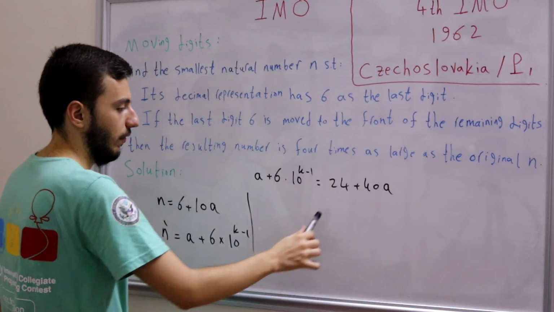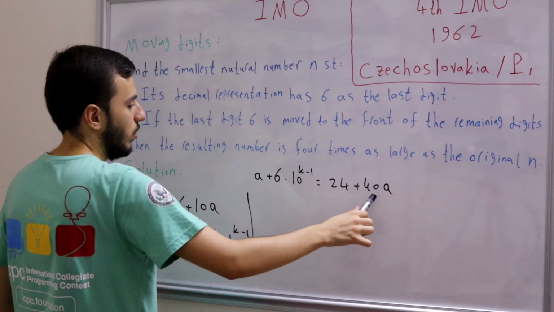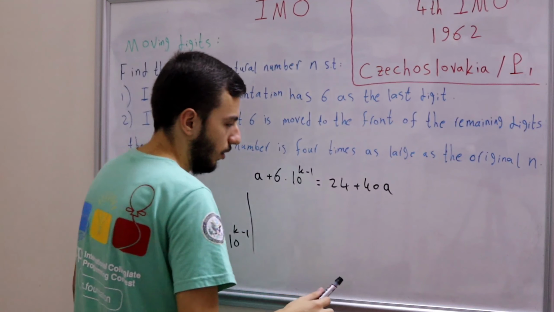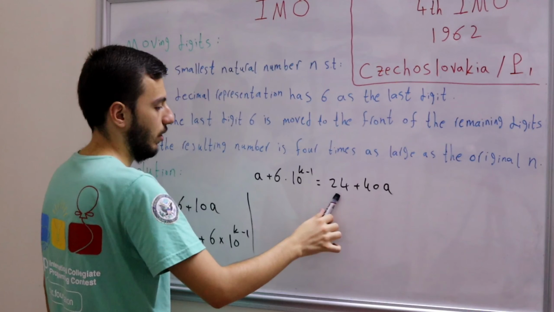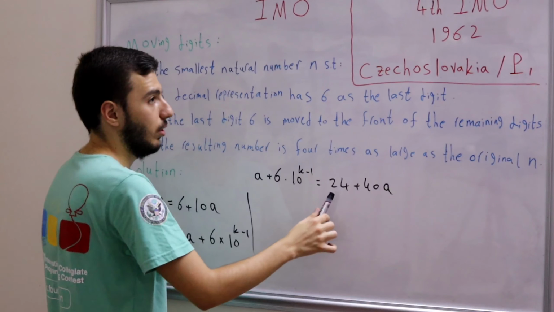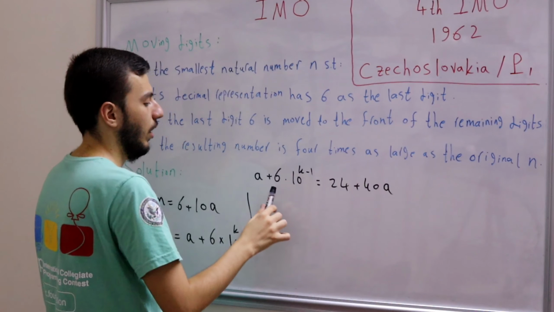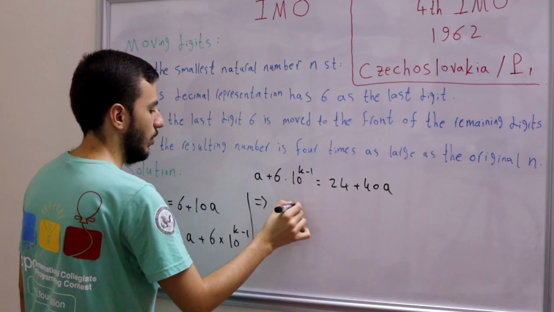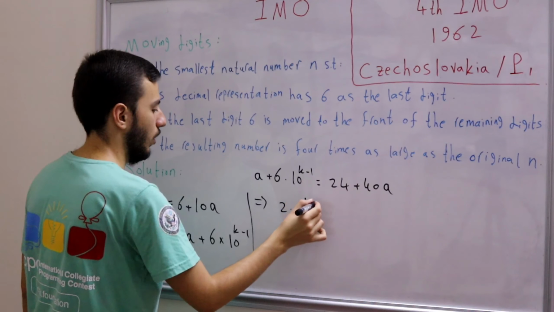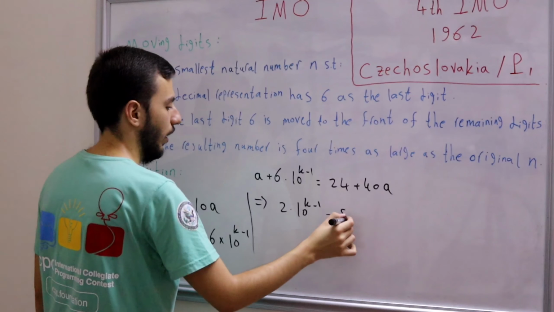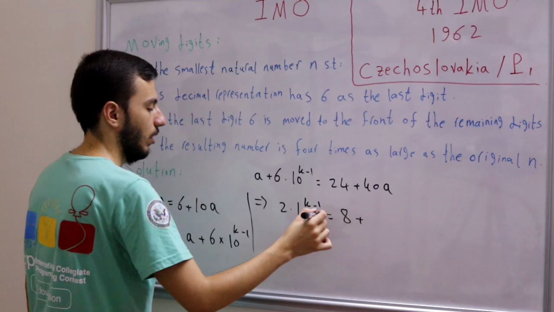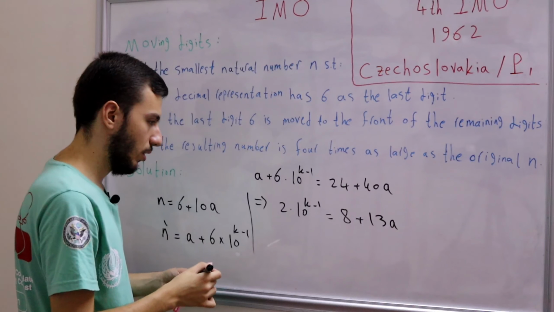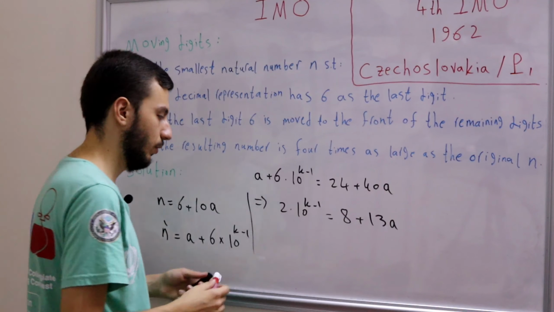And clearly we can divide by 3, right? Because 39 divided by 3 is 13, this divided by 3 is 8, and this one is 2. So we get the following: 2 times 10 to the k minus 1 is equal to 8 plus 13a. So that's our nice little equation.